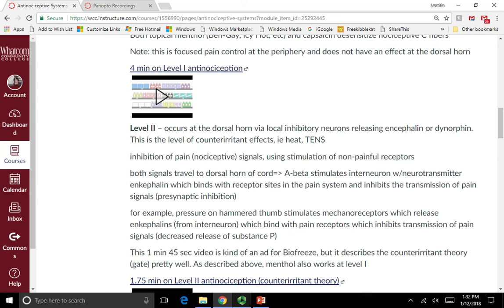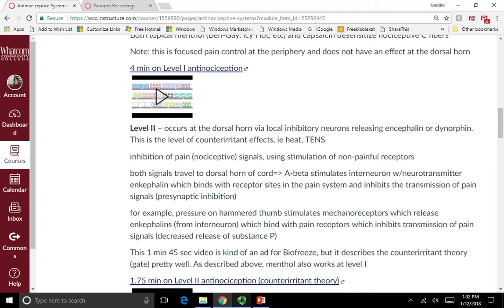Both the signals travel to the dorsal horn of the spinal cord. The A-beta fibers stimulate the interneuron with the neurotransmitter enkephalin, which binds to receptor sites in the nociceptor system and inhibits the transmission of pain. So it's presynaptic inhibition with the binding of those enkephalins.